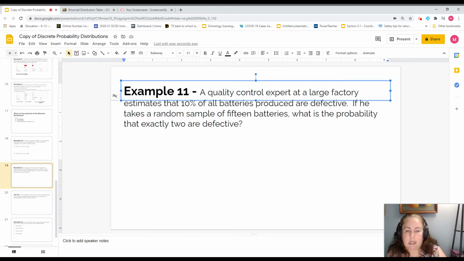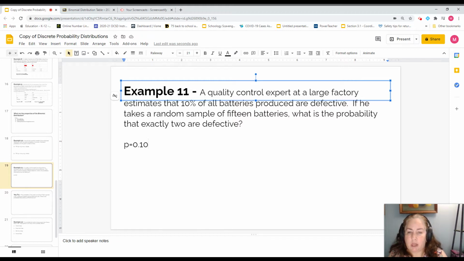It says a quality control expert at a large factory estimates that 10% is a probability. So P equals 10% of all batteries produced are defective.